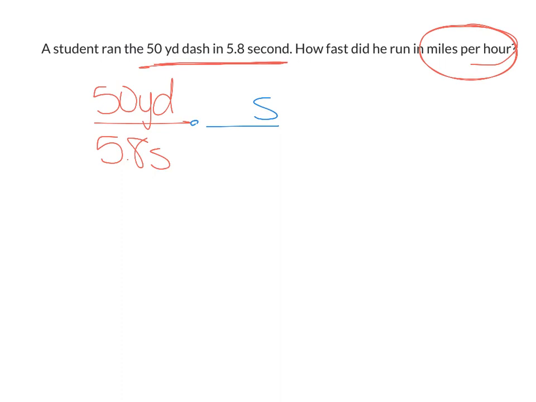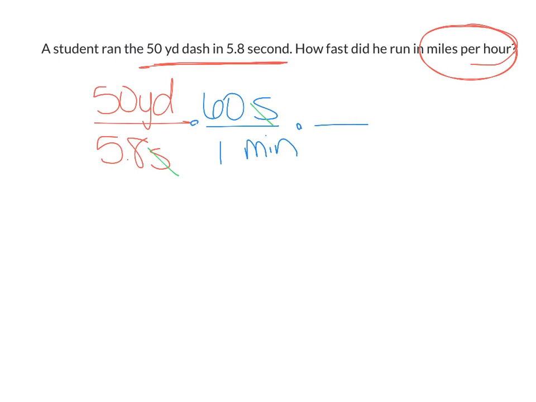If you're thinking to yourself, I don't really know off the top of my head how many seconds are in an hour, I do know how many seconds are in a minute. So I know that there's 60 seconds in 1 minute. Look, my seconds are gone. But it's still not exactly what I wanted, because I need this in hours. So let's multiply by another conversion factor, and go from minutes to hours.